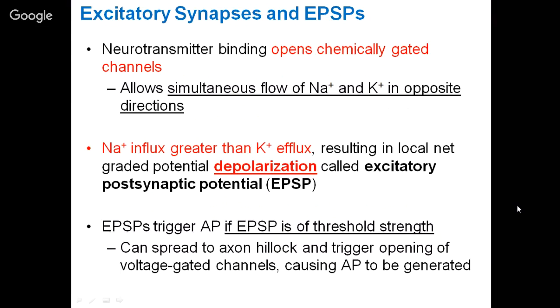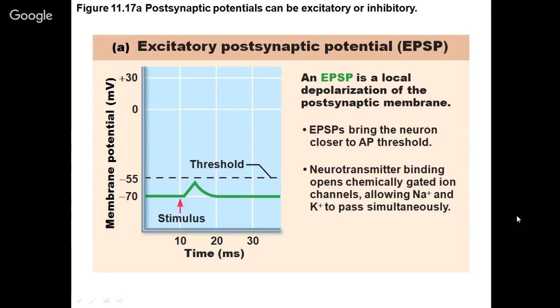The EPSPs, the excitatory postsynaptic potentials, can trigger an action potential if the EPSP is of threshold strength. If the EPSP is at threshold strength, it can spread to the axon hillock and trigger opening of voltage-gated channels, causing an action potential to be generated at the postsynaptic membrane.